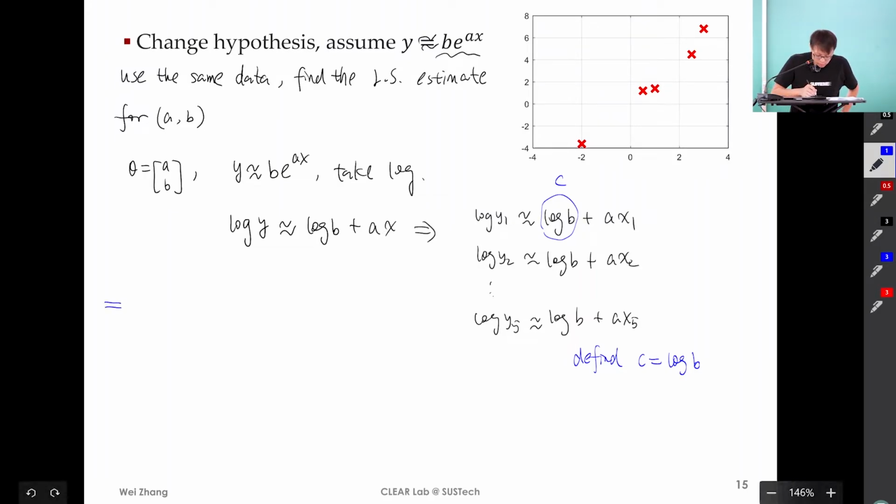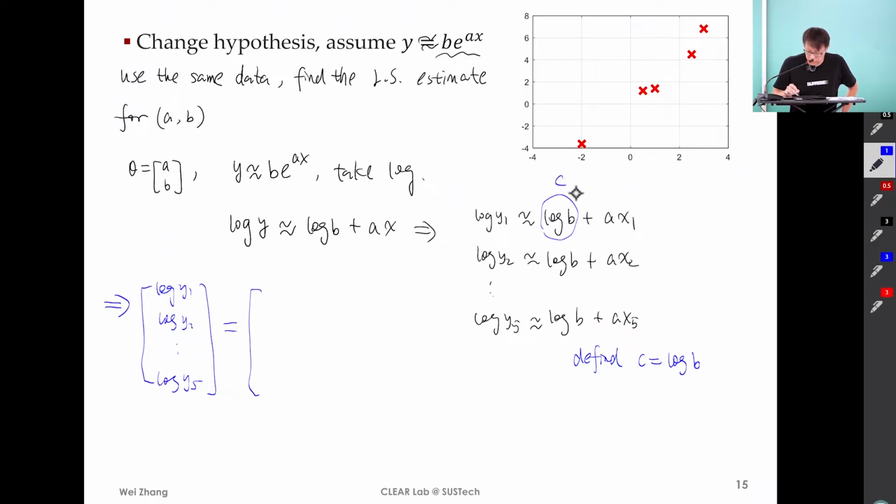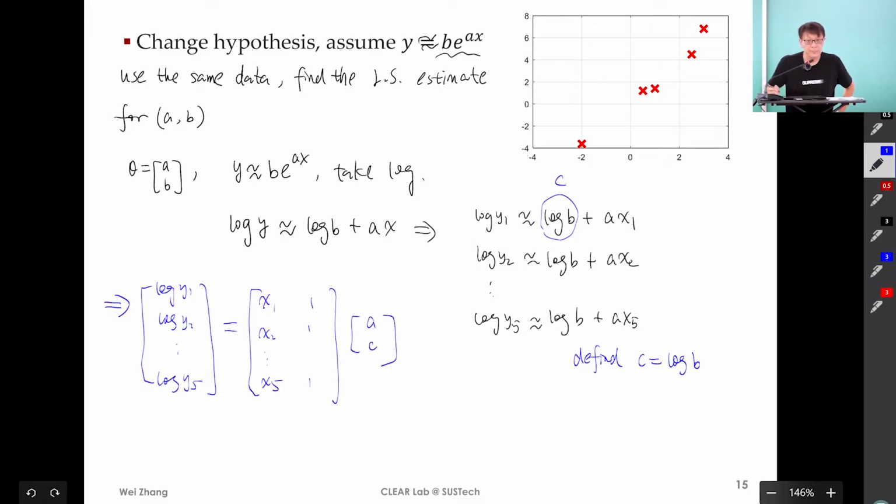Okay, so overall you will have log y1, log y2, all the way to log y5 equal to, now it's linear in a and c, not linear in a and b, okay? Linear in a and c, so the x1, x2, through x5, and 1, 1, 1 times a and c. So that will be my, I call this guy my Y tilde, this guy my H, this guy my theta tilde.